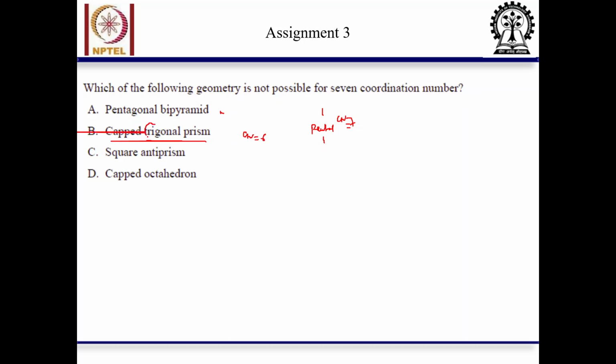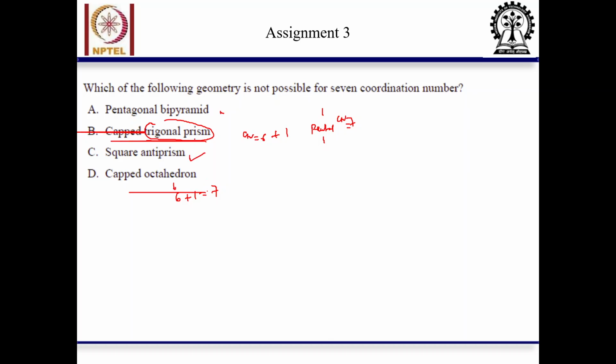Once you cap it, it is 6 plus 1, that is 7. Again it is for coordination number 7. And capped octahedron: octahedron is coordination number 6. Once you cap it, 6 plus 1, 7. So this is also correct.